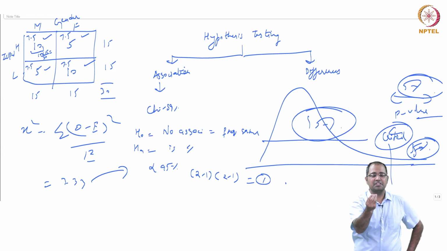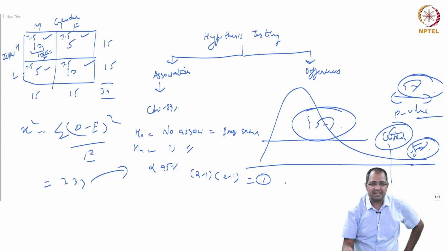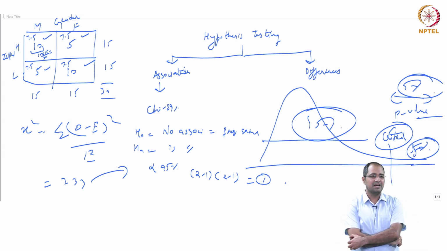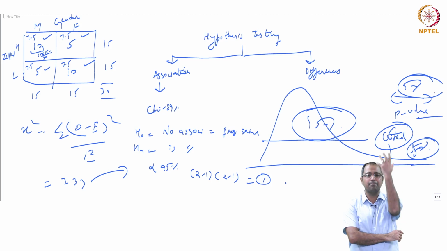So simply, we assume that H0 is correct. If H0 is correct, it means in the population there is no association. Now if you draw a sample from that population, and your assumption is right, the observed minus expected difference in that sample should have been small.